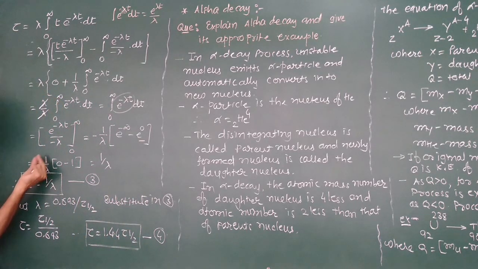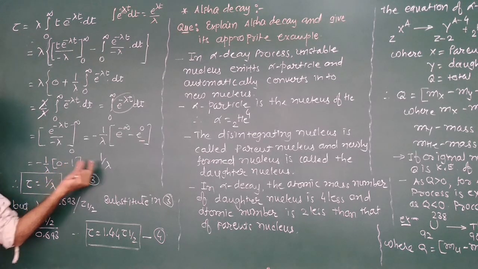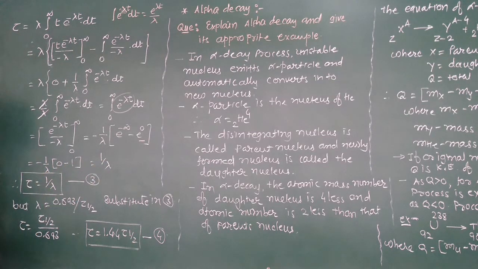Therefore, minus 1 upon lambda into bracket 0 minus 1 is equal to 1 upon lambda. Therefore, the relation between average life tau and decay constant is tau is equal to 1 upon lambda. Right? Okay.